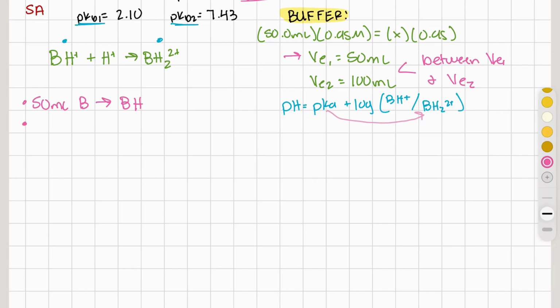And now we've added 25 extra milliliters, so I'm going to ignore the first 50 in a sense. And so at 25 milliliters, some of this BH has been converted to BH2.